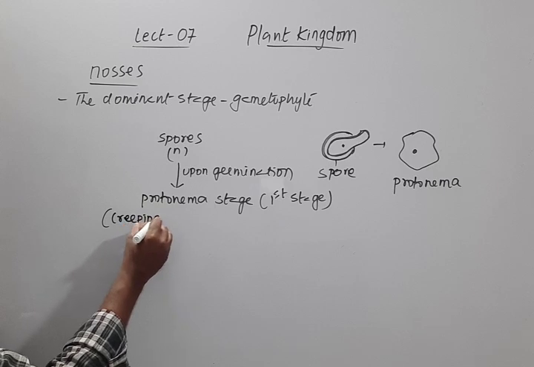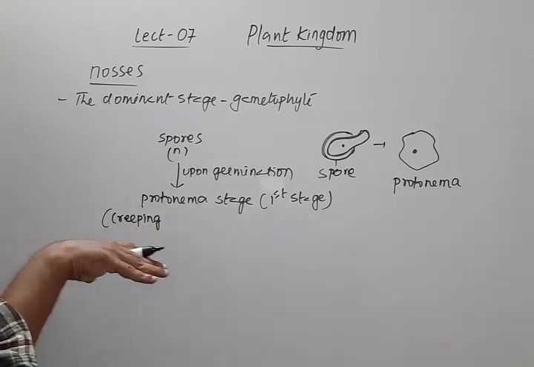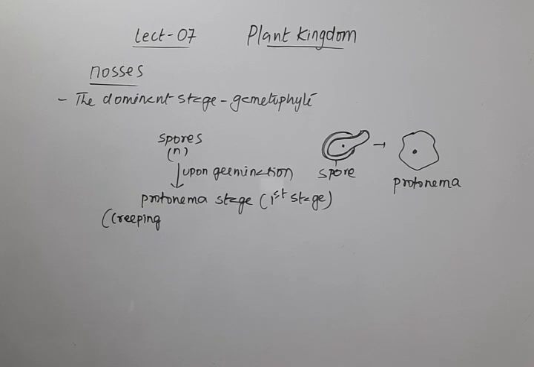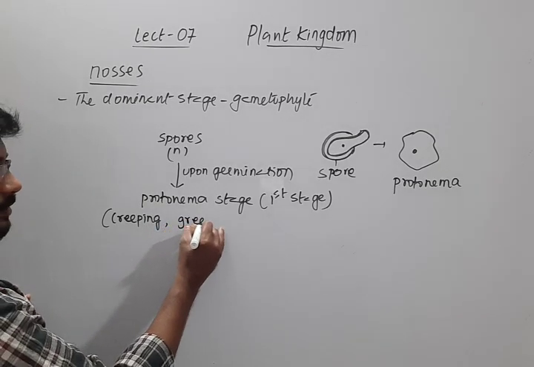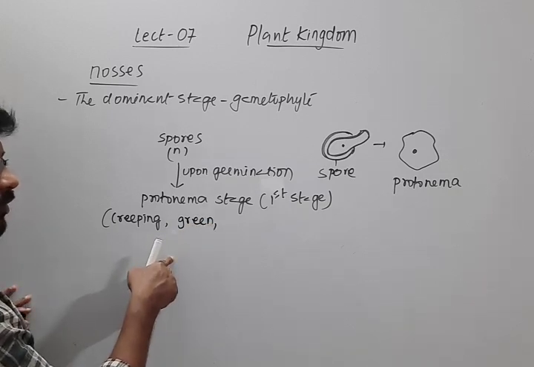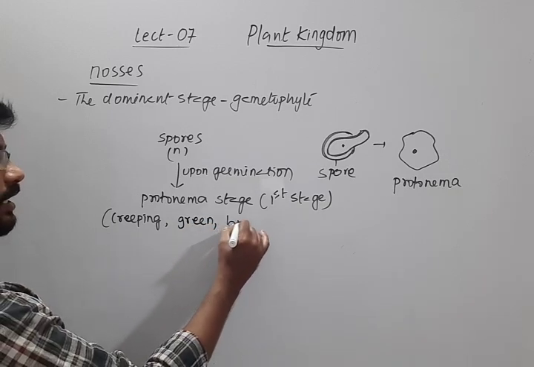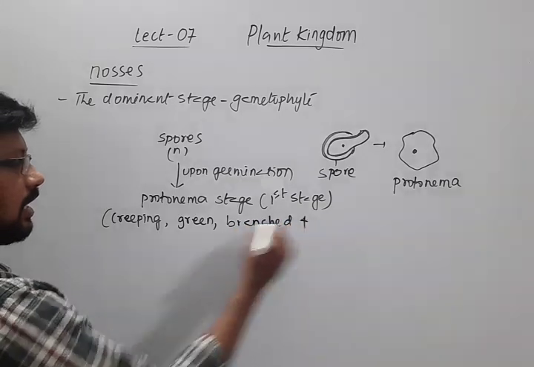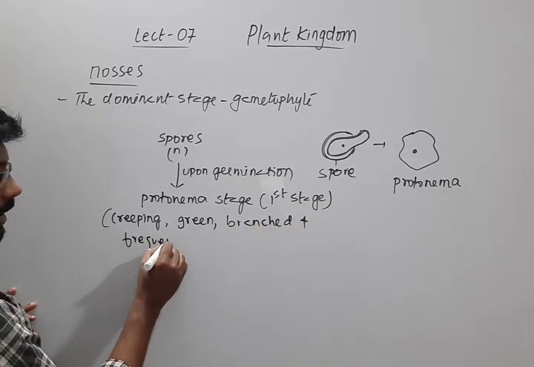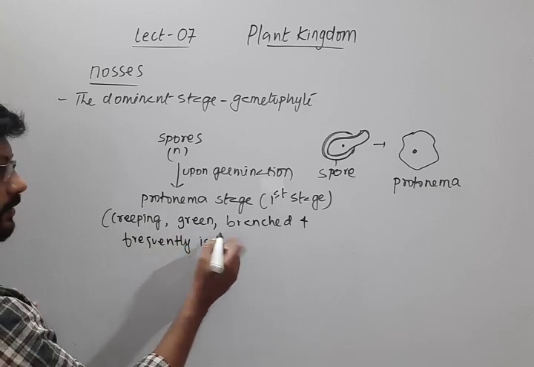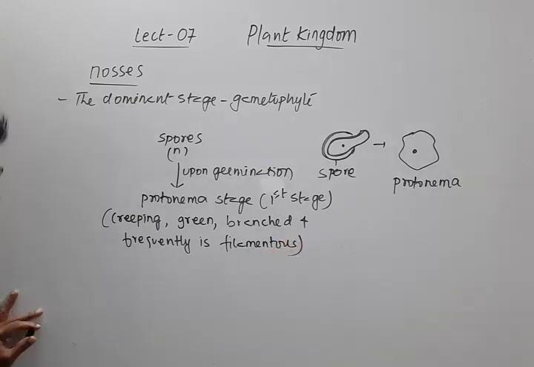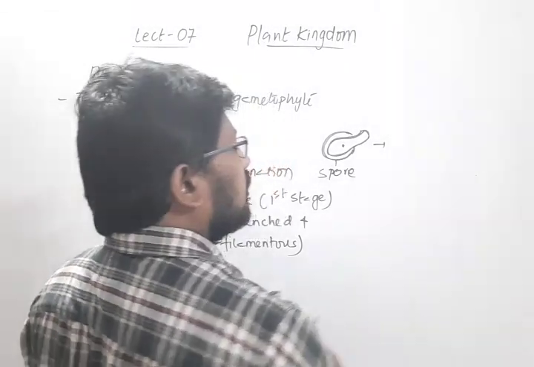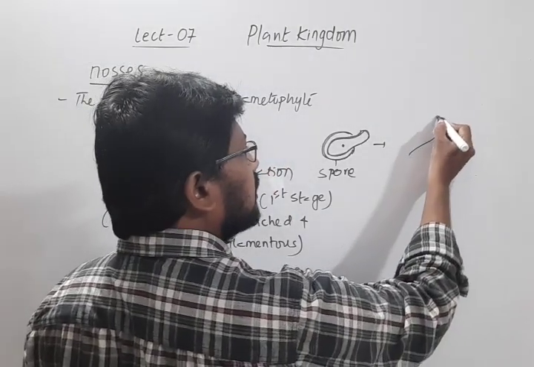The protonema is creeping, which means it grows prostrate on the surface of the substratum. It is green, so it will perform photosynthesis. It is branched and frequently filamentous.